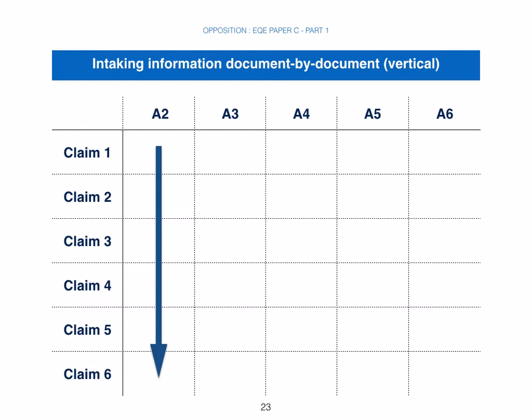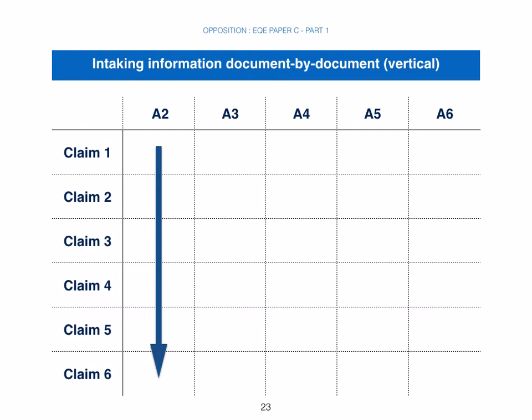We compare which features of A3 correspond to the features in the claim, and we say yes or no, the features are present. So we go to the end until we've done all of the documents. We come to document A6. So what we are doing is this represents a vertical input of the prior art information, document by document, each time scanning down through the claim features.